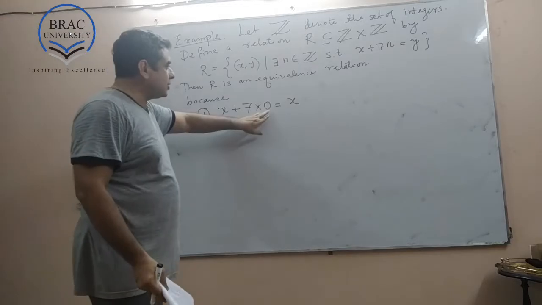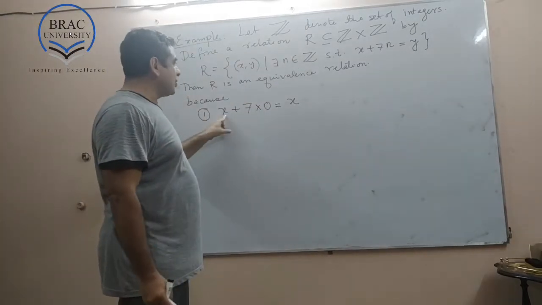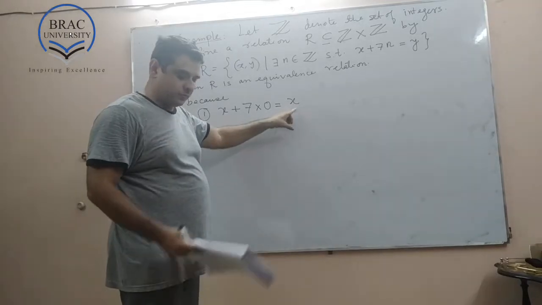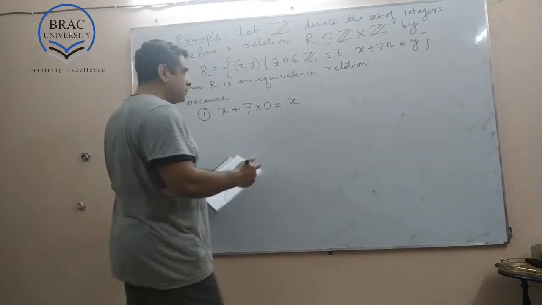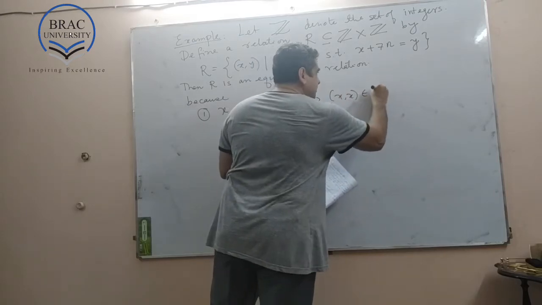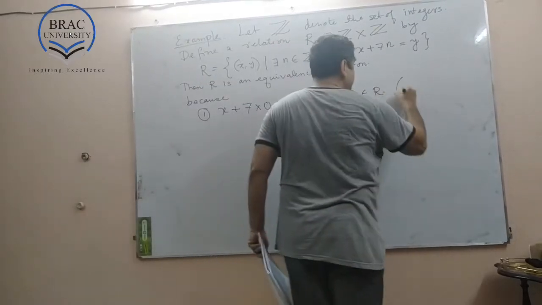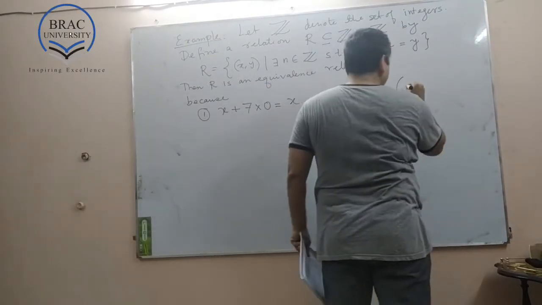So, since 0 is in the set of integers, x is related to itself, proving that (x, x) is in R. So it proves that this relation R is reflexive.